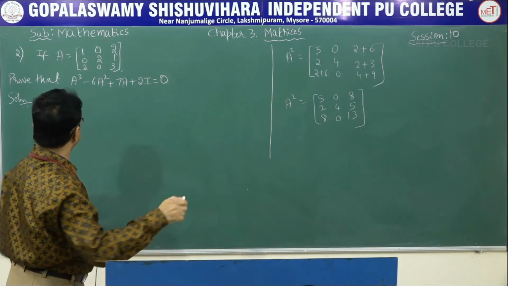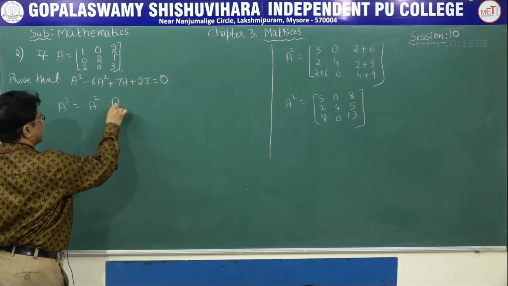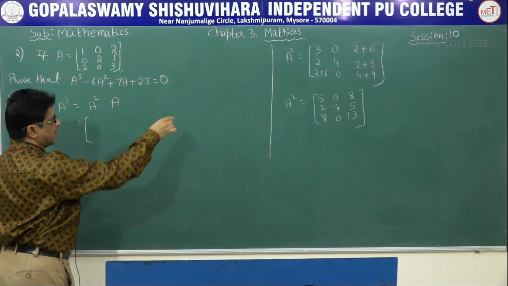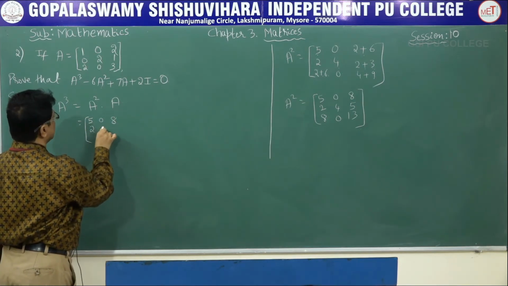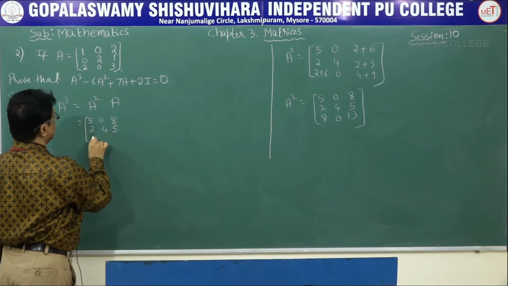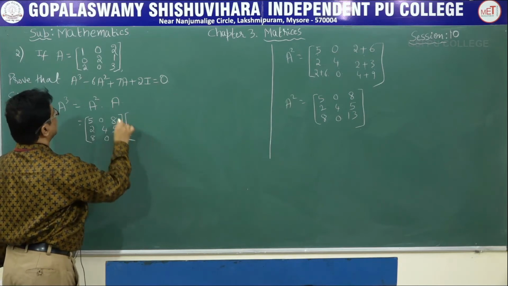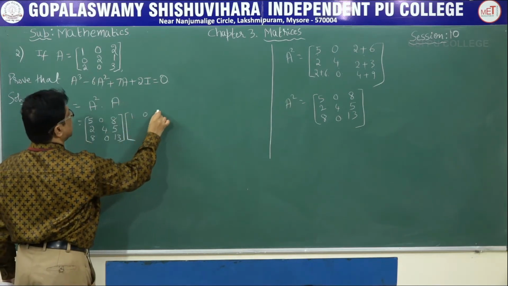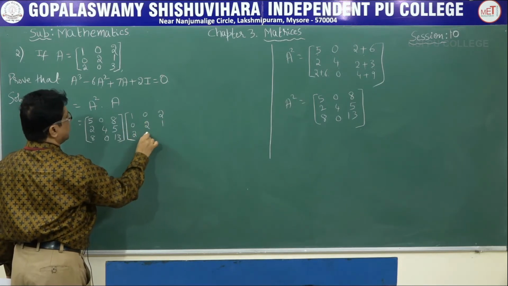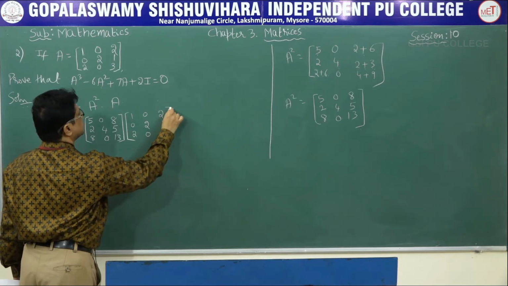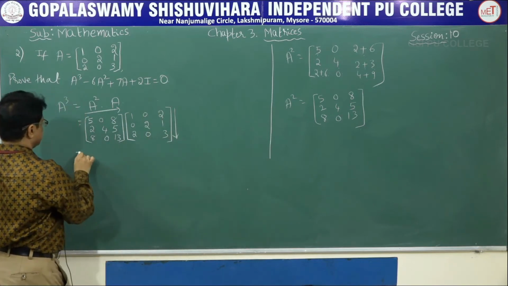A cube is A square into A. So A square, 5, 0, 8, 2, 4, 5, 8, 0, 13, into A. Matrix A is 1, 0, 2, 0, 2, 1, 2, 0, 3. So that is row into column.